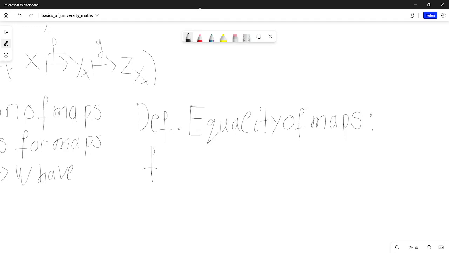So the map kind of does the same, but it is a different map, because we have different domains and different value spaces that we could choose. For equality of maps, we have to have that their domain and value space are the same. Otherwise, there's no talk about equality at all. Their domains are respectively the same, their value spaces are respectively the same. That's what I mean. Equality of maps.